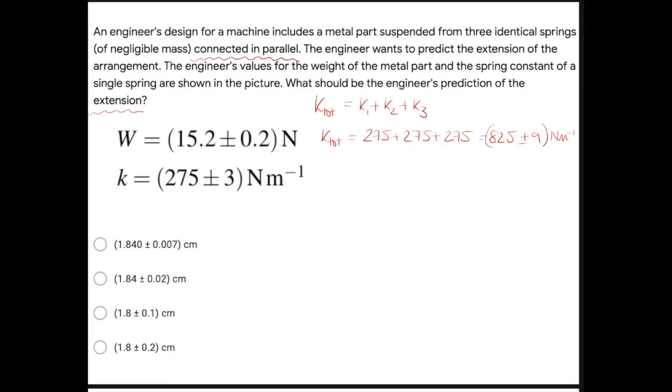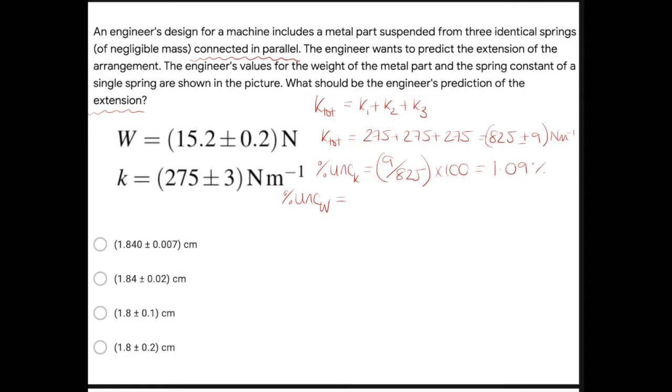So once again, we now have to work out the percentage uncertainty in K and the percentage uncertainty in W, which is our force. So let's stick with K first of all, because that's what we've been working on. Our absolute was 9, our actual value was 825, and that gives us a percentage uncertainty in K of 1.09%.